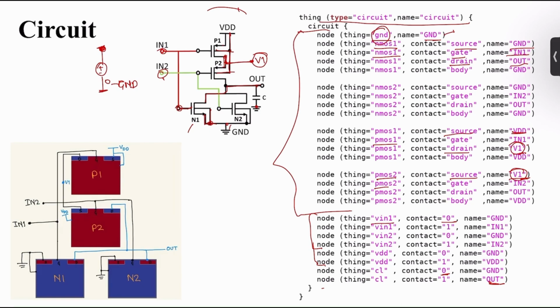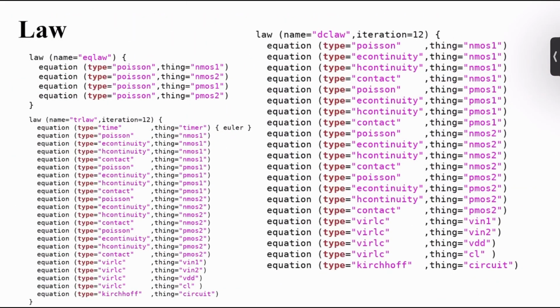So I separated them: I put the PMOS CGNS file here, and P2, and the same goes for NMOS. I just plotted this and connected the whole thing, so it will look like this, with the CGNS file of the NOR circuit.